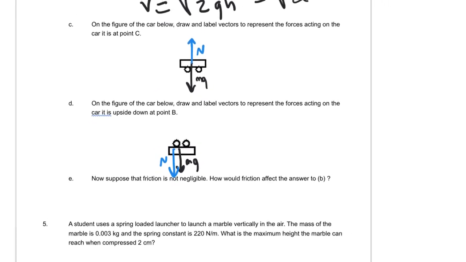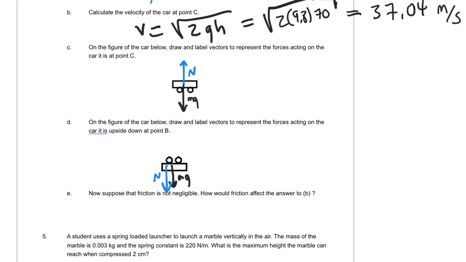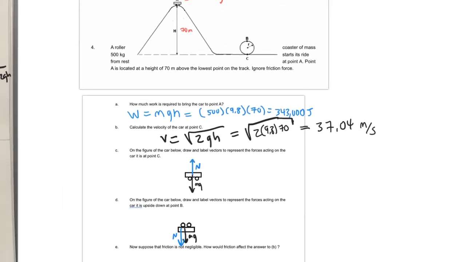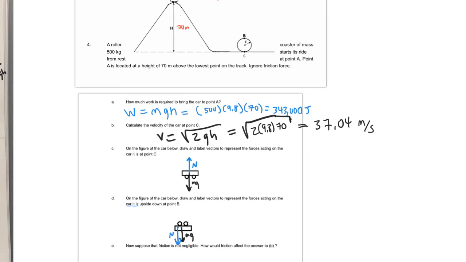Okay, now suppose that friction is not negligible. How would friction affect the answer to B? Well, there's a lot we could say about friction, but let's be really clear. B asks, what would the velocity be at point C? Well, the friction of the floor would have slowed the velocity down by the time he got to C. So that's pretty intuitive, I would say.